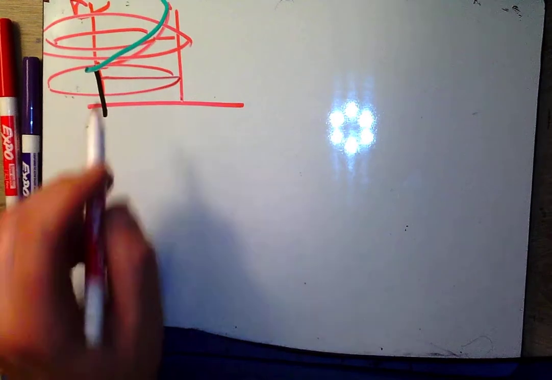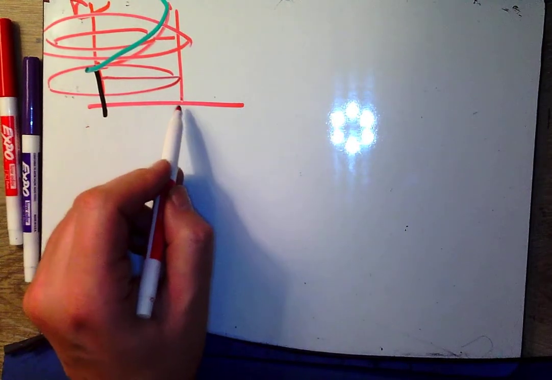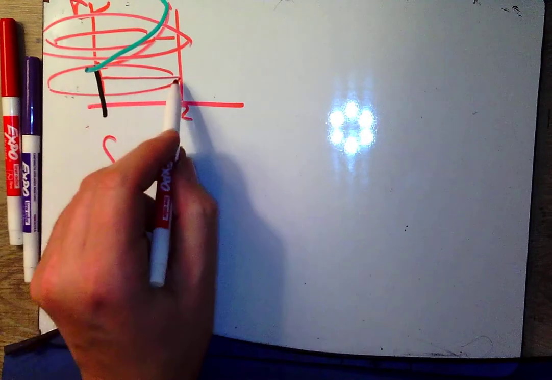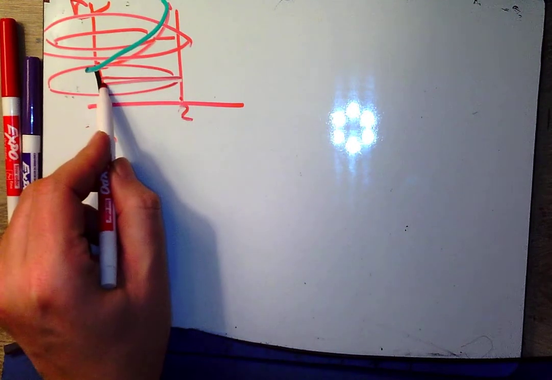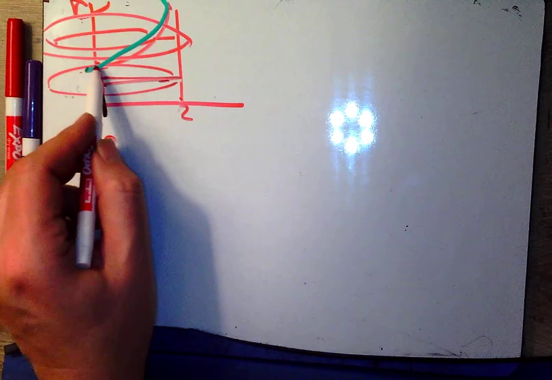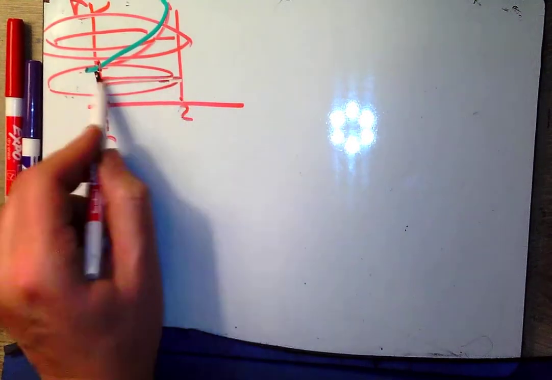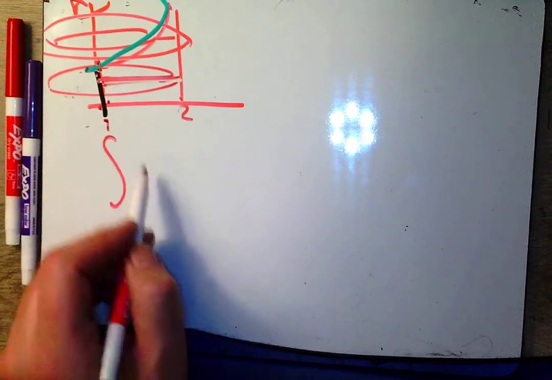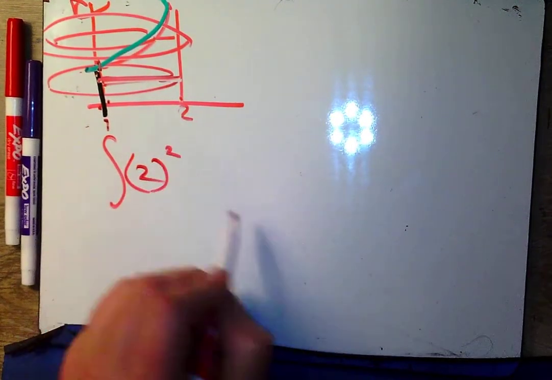But if you really want, this is 2. Down here from 0 to 3, I just have r, which is this distance, 2 squared.